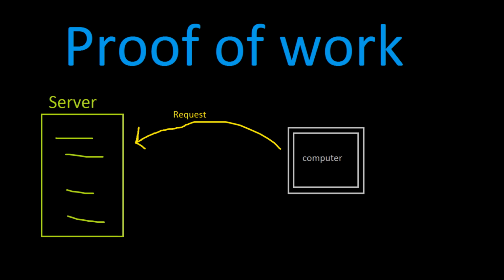If this web page uses a proof-of-work system to deter DDoS attacks, then each time you visit this website, your computer needs to solve a calculation in order to validate its request. Before the web server actually serves you some data, it's going to request that you do something for it first to legitimize yourself.